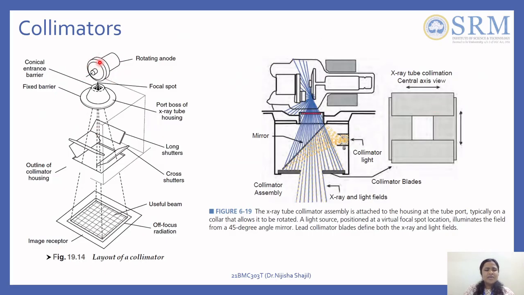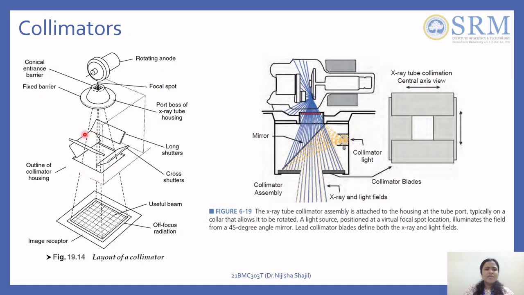This is how a collimator looks. You can see here the rotating anode, and from here the X-rays are produced. Now instead of sending the whole X-ray beam, you use this collimator. When you adjust this collimator, you get a defined field. You can see here, this is the useful beam, so only in this area are you going to give the X-rays. If you push it, you get a smaller area or a bigger area.